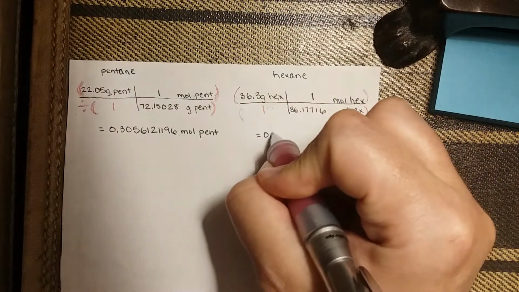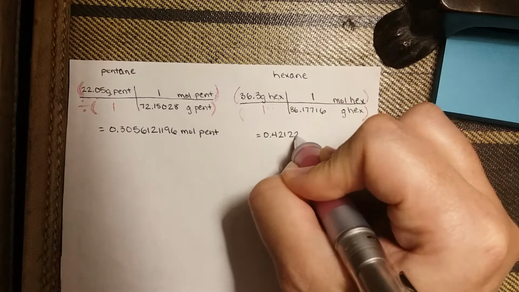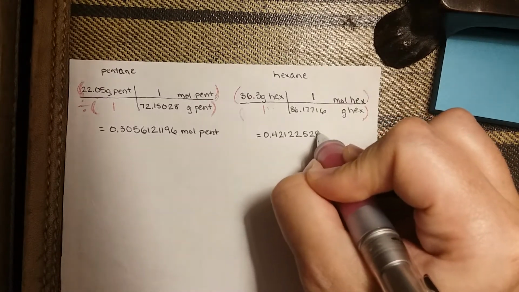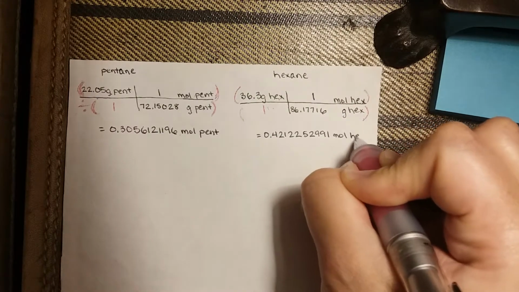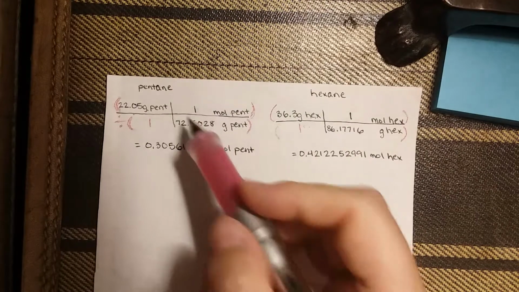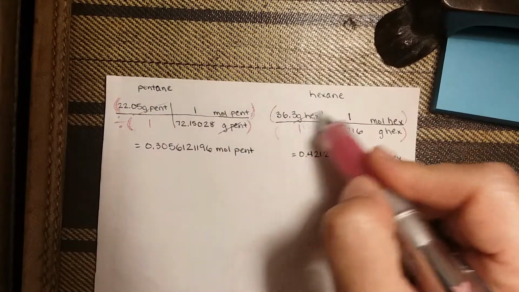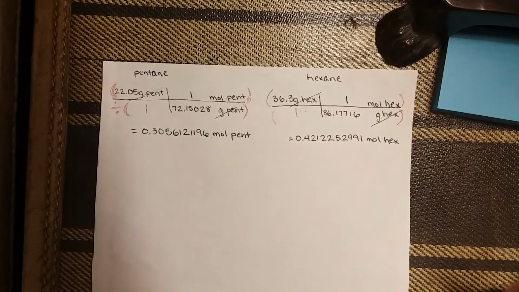So I get 0.42122529991 moles of hexane. I forgot to mention that grams in the numerator cancel with grams in the denominator. Same with hexane. You probably already know this if you're in Gen Chem 2 though.